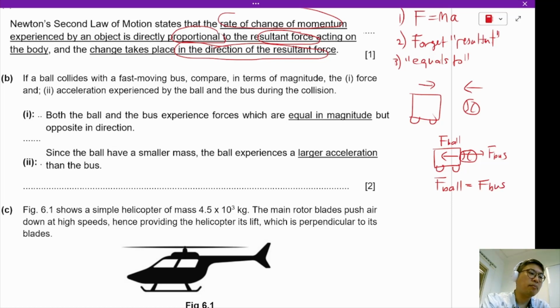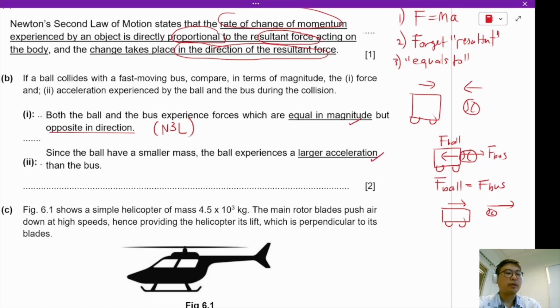So the ball and the bus experience forces which are equal in magnitude but opposite in direction due to Newton's third law. However, the ball has a smaller mass, so the ball will experience a larger acceleration than the bus. The bus will continue moving in this direction, but the ball would actually change direction and move away. So that's 2 marks.